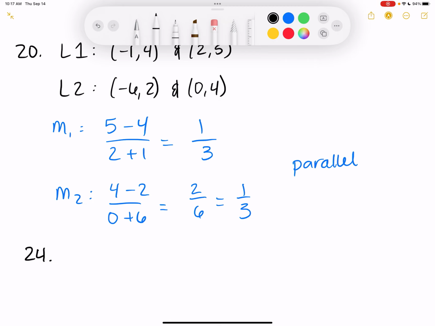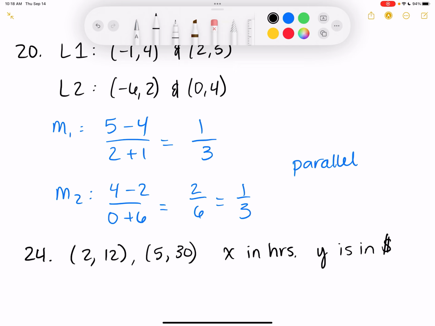All right, so these ones give you still 2 ordered pairs. And so this one gives us 2, 12 and 5, 30. And then it says, basically, X is measured in hours and Y is in dollars. So it's always going to be Y over X, okay, just like when we're finding slope.